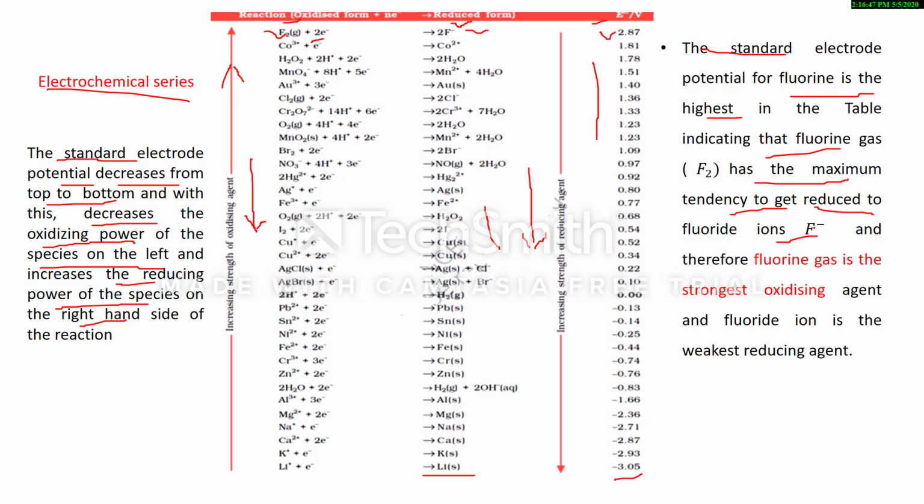So we can say F2 will easily reduce to F minus. More easily reduction means a more powerful oxidizing agent. So we can say fluorine gas is the strongest oxidizing agent and fluoride ion is the weakest reducing agent. I think this is clear. F2 is considered the strongest oxidizing agent because it has the highest standard electrode potential.